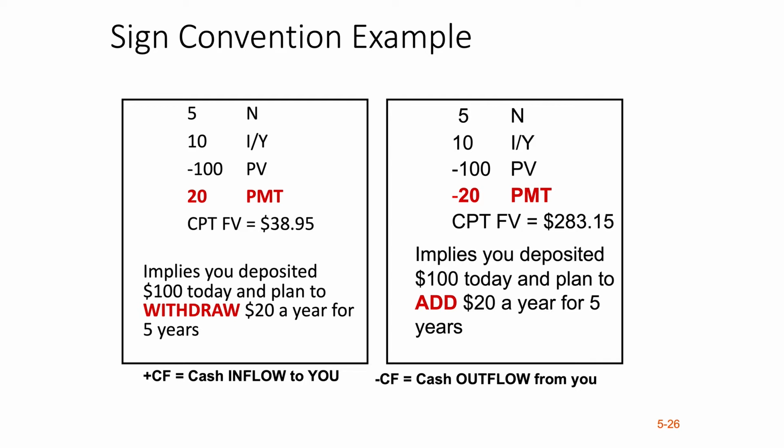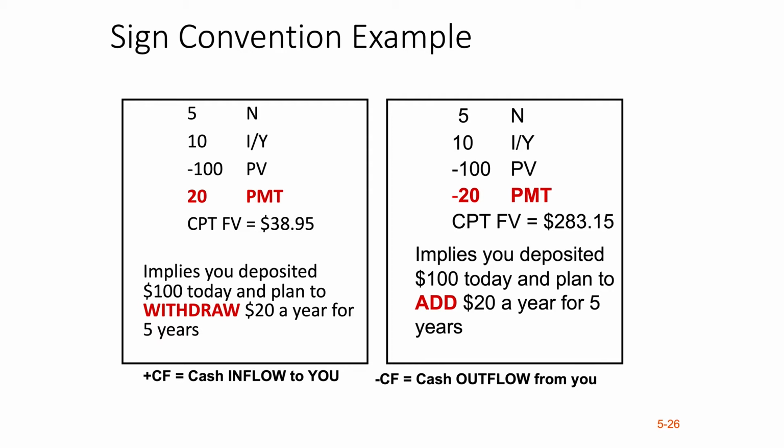The future value is 38.95. Here the 20 payment is a withdrawal. If the 100 is your deposit, an outflow of cash, then the 20 is cash inflow. So this kind of plan gives you only a value of 38.